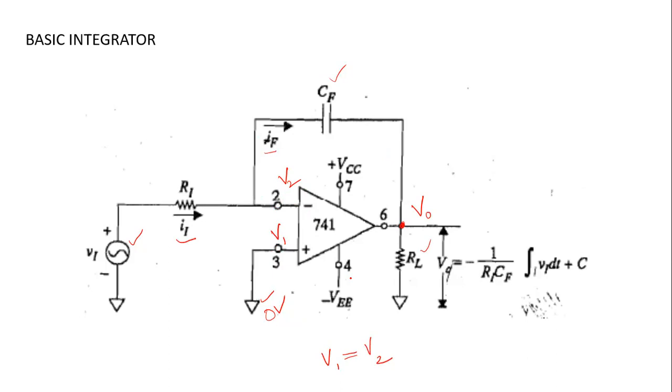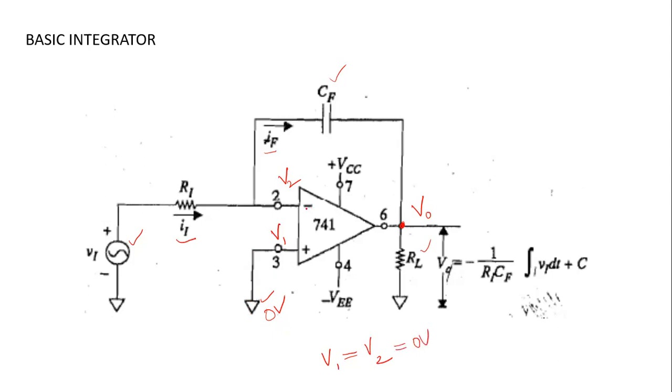Since pin number 3 is connected to ground, V1 is 0 volt, which means V2 is also 0 volt.